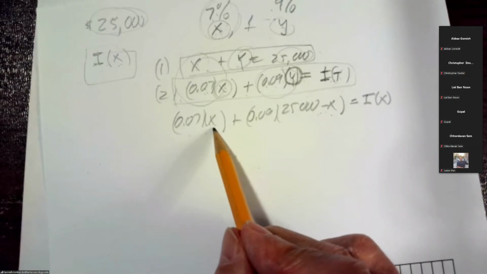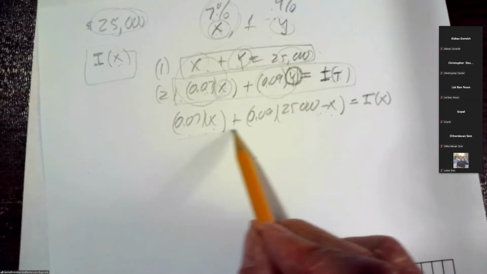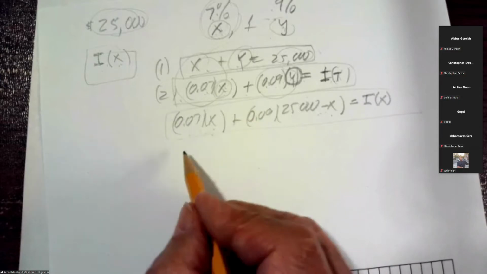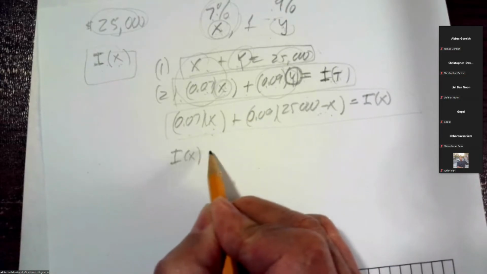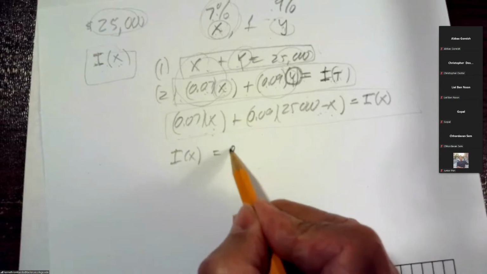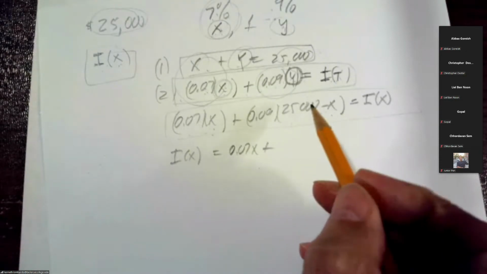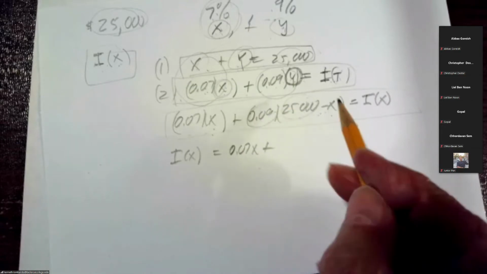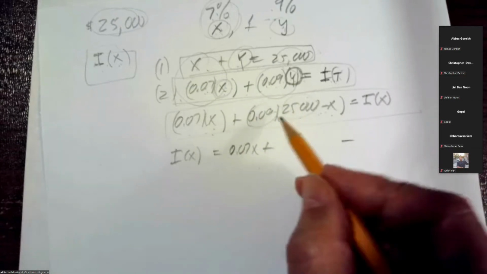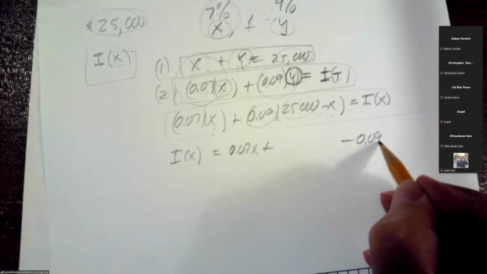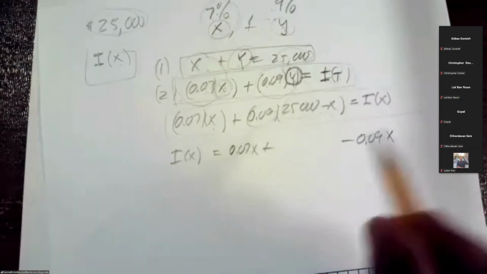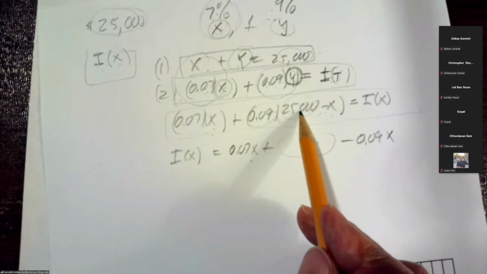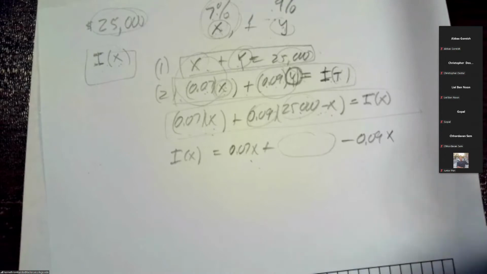Okay. So then can we simplify this? And if we can, let's go ahead and simplify this. Tell me what you get when you simplify this and you solve for I as a function of X equals 0.07X plus 0.09 times 25,000 minus 0.09X. So we just have to figure out this value here, 0.09 times 25,000. What's that going to be?